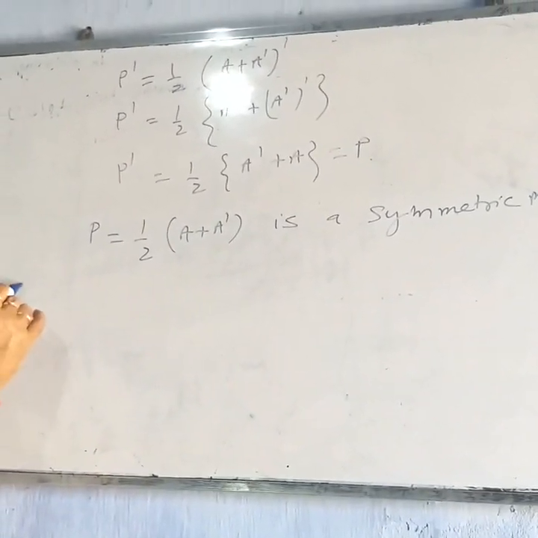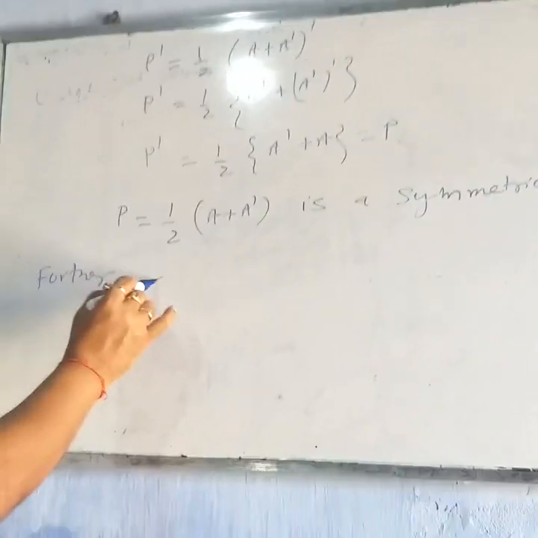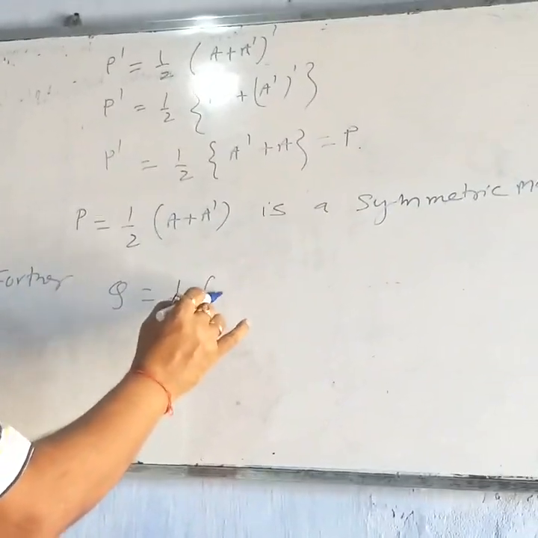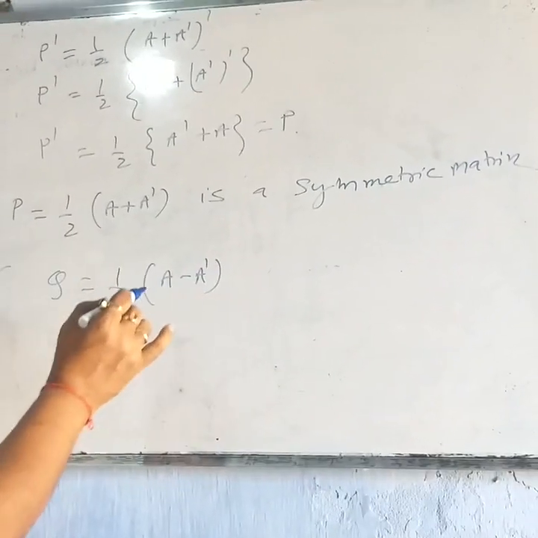Further, Q is 1 by 2, A minus A transpose.